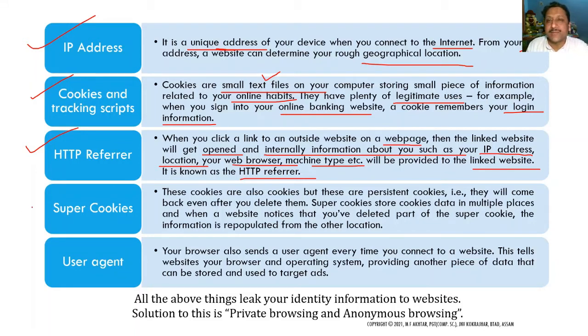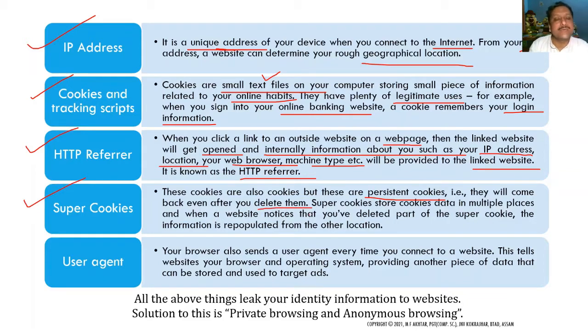Okay, so next is super cookies. These are also cookies, the same simple text file stored in your computer that keeps some information which is beneficial for us. But super cookies are persistent cookies. Persistent cookies means they will come back even after you delete them.